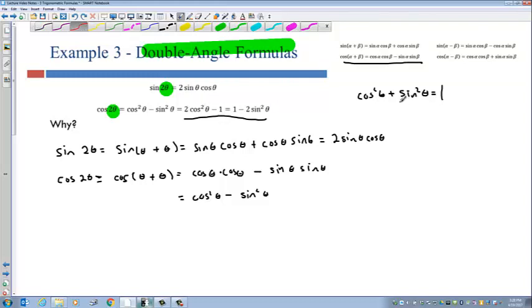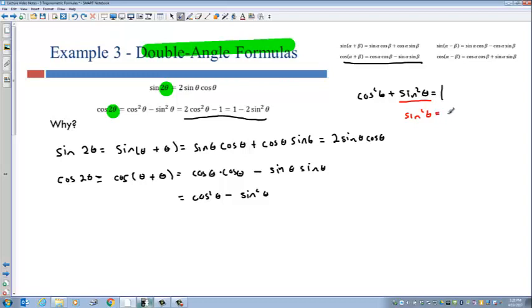If you solve this for sine squared theta, what do you get? Sine squared theta will be equal to 1 minus cosine squared theta. And what we're going to do is take this and plug it in, because it's the same thing.